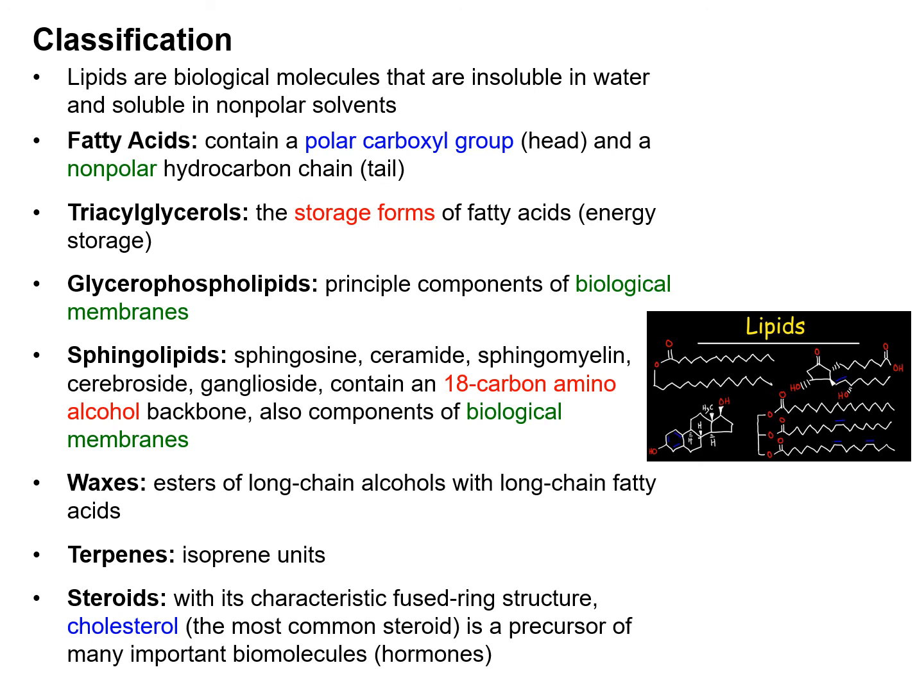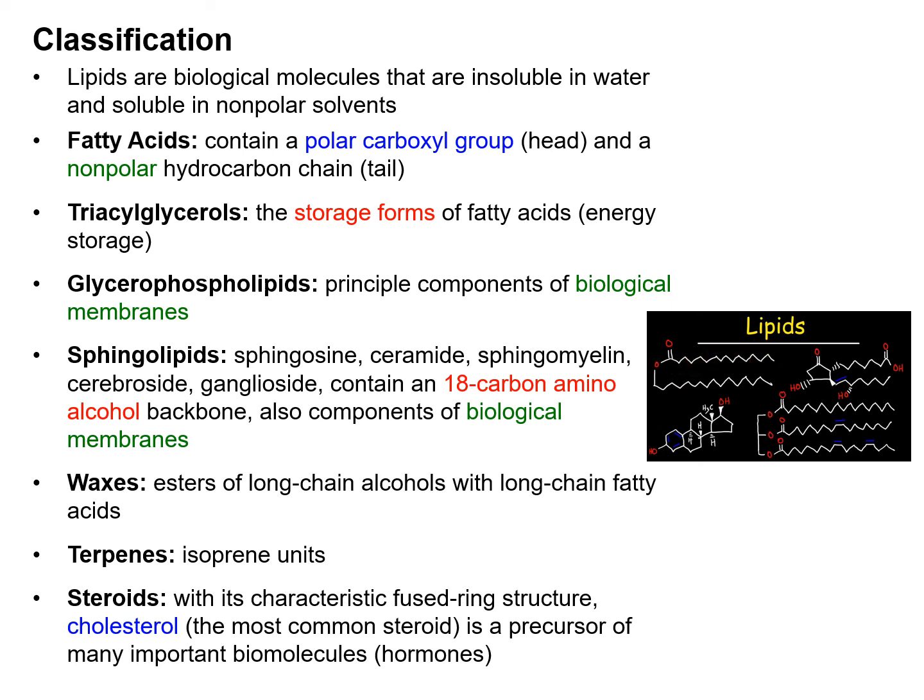For the classification of lipids, the different classes are listed here. We're going to go over them one by one in this lecture to study more about their structures, their properties, their functions and so on. The first one listed here is the fatty acids, whose structure you can think of as just half of this structure written here, containing a polar carboxyl group as a head and a nonpolar hydrocarbon chain as a tail.